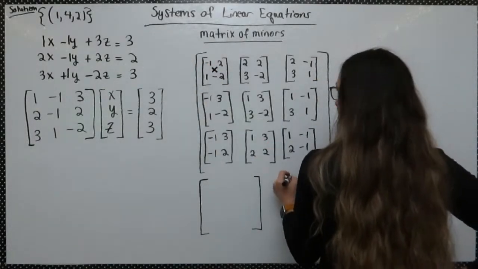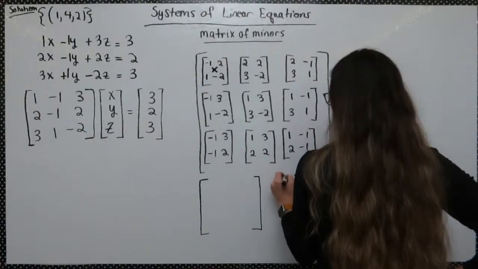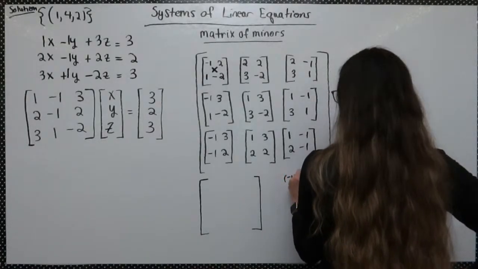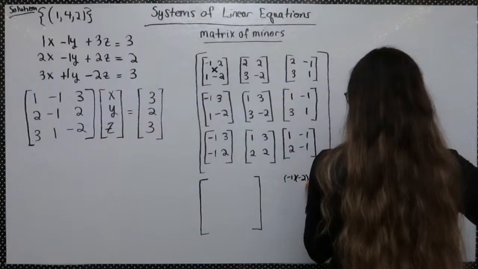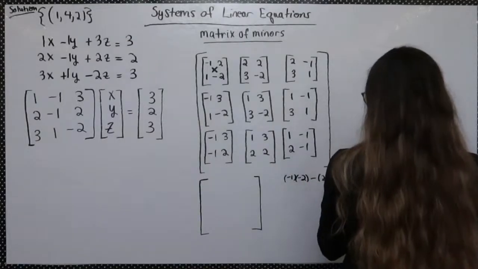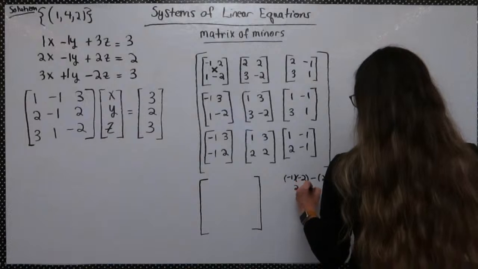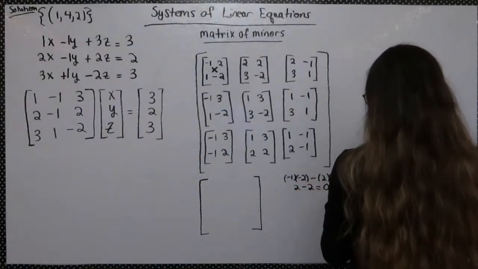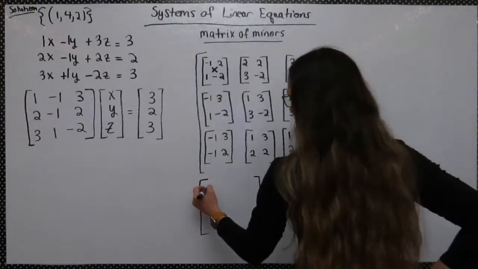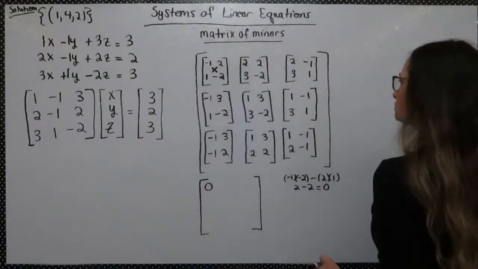So this first one, -1 times -2 minus 2 times 1. That is +2 minus 2, equal 0. So this first position is 0.